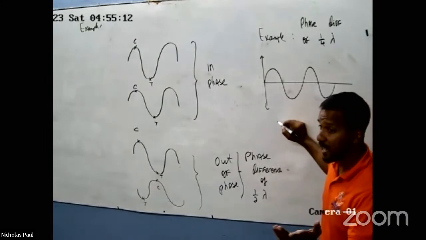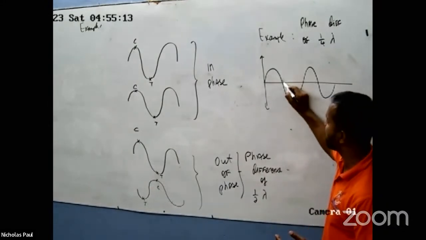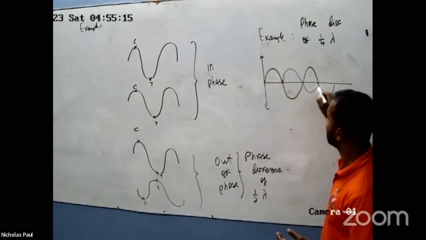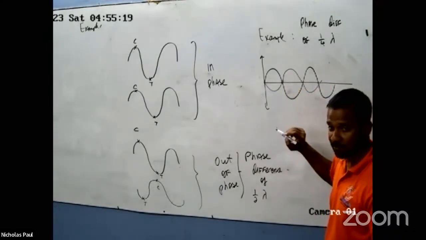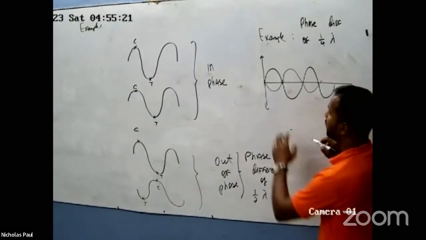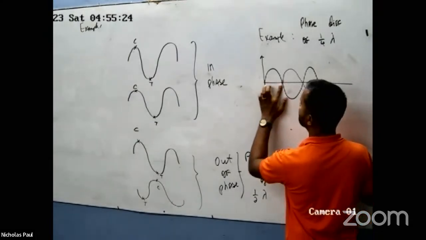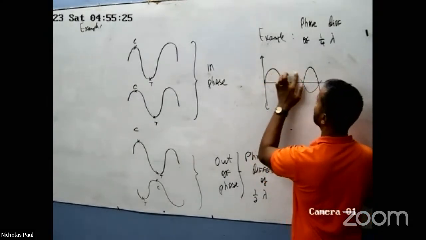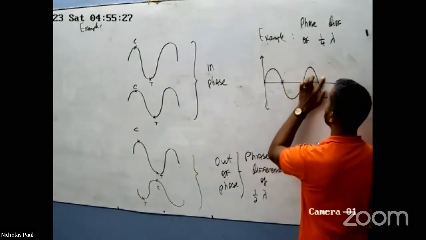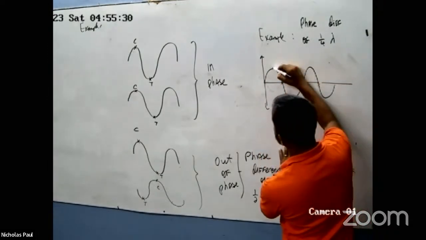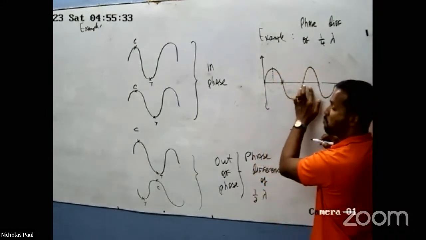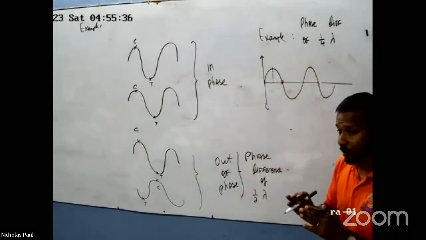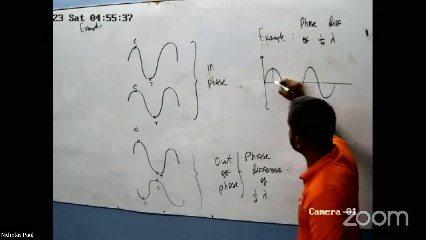If I said half, you would have started the wave a half wave here, and then you would have drawn back that part there. If I said a quarter, all you have to do is this. A quarter is right here, correct? And that's a quarter. So if you start a wave a quarter later, this will happen.